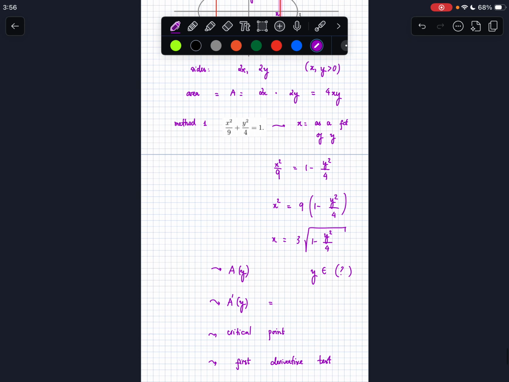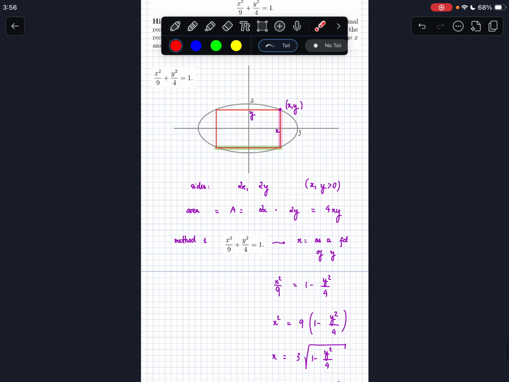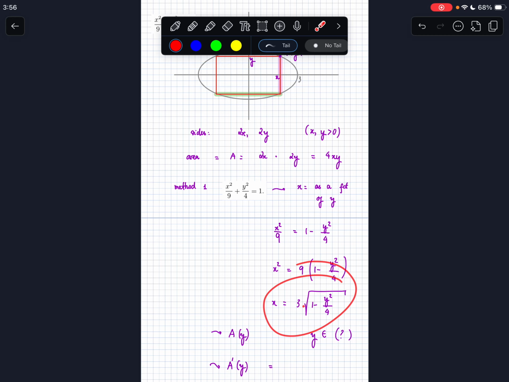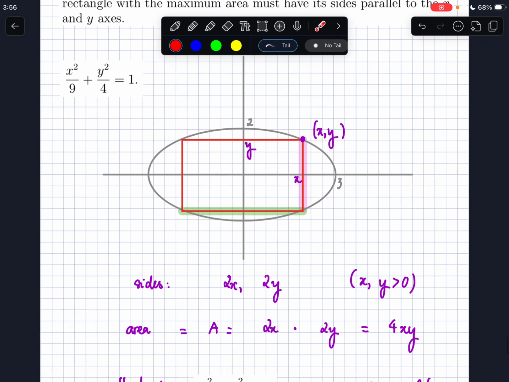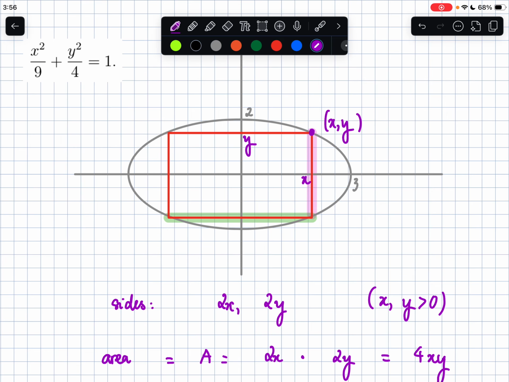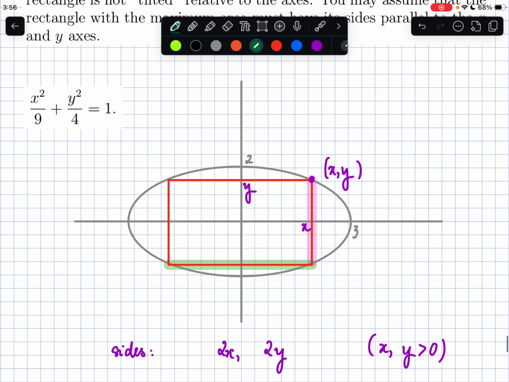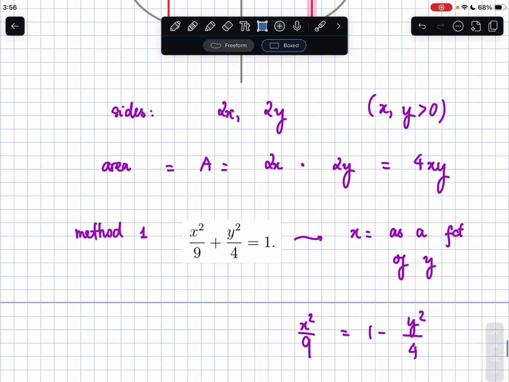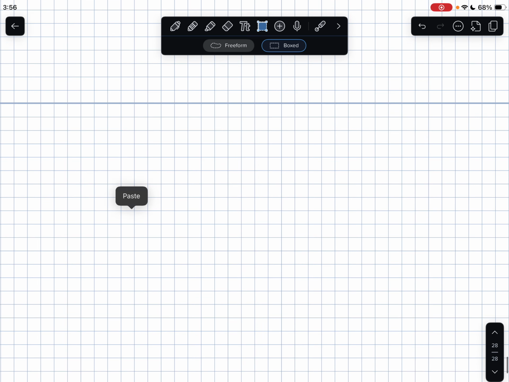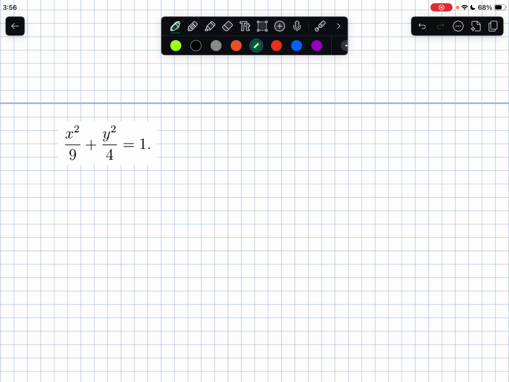In this case, let me rewrite this ellipse a bit so that we don't need to use this square root. This ellipse, actually, we can rewrite in this form: x divided by 3 squared plus y divided by 2 squared equal to 1.